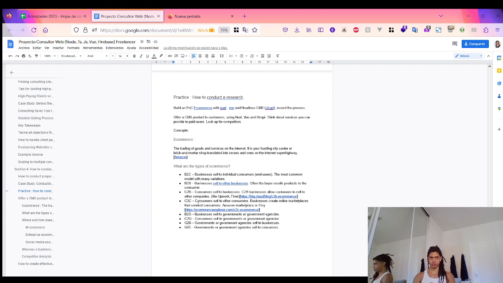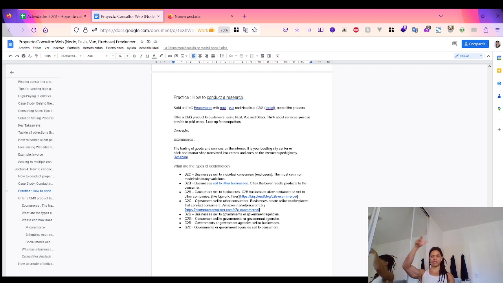Conduct a research on the e-commerce, and see how we can apply it, or see how we can create that on Nuxt with Vue and headless CMS. So from the technical aspect, all right?